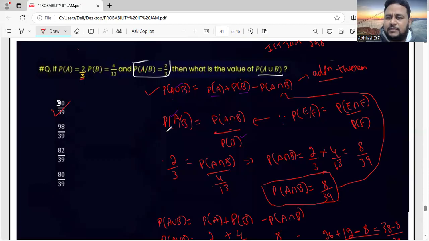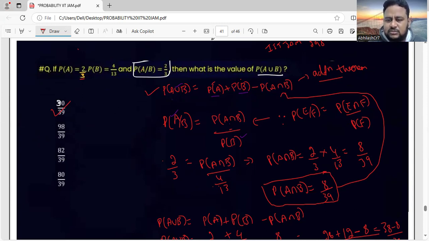That is, probability of A given B is probability of A intersection B divided by probability of B. Based on that, I could find probability of A intersection B as 8 by 39. I put this value in the addition theorem and, by solving, I got probability of A union B as 30 by 39.